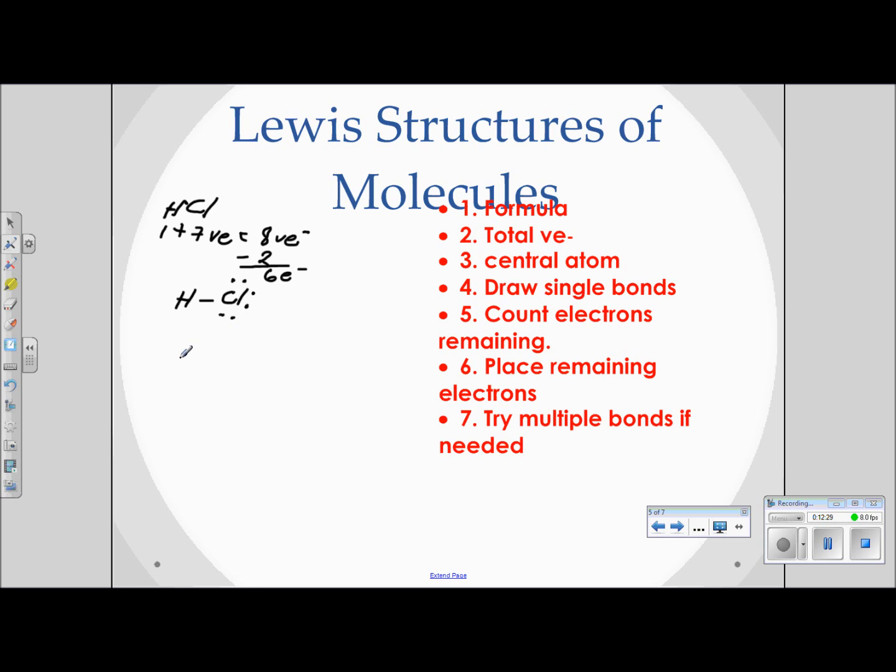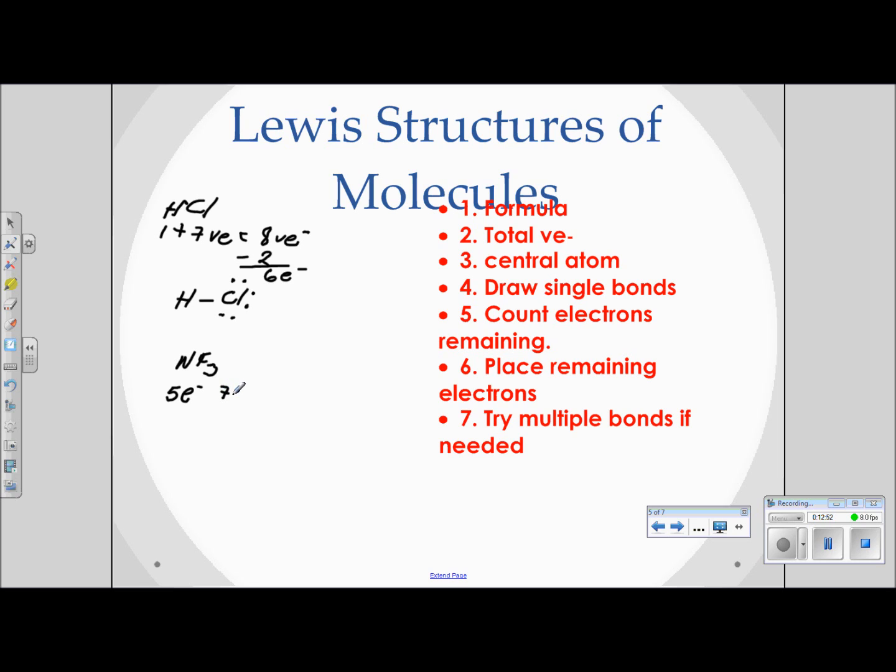All right, let's try a second example. NF3. First of all, we're going to determine the total number of valence electrons. So we have 5 valence electrons for nitrogen. If you look at your periodic table, you can determine that. Fluorine has 7 valence electrons.